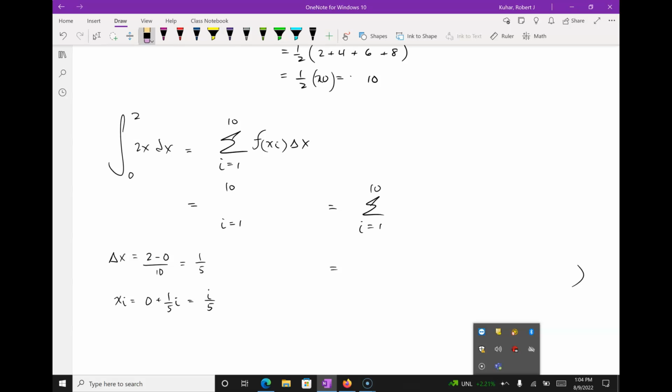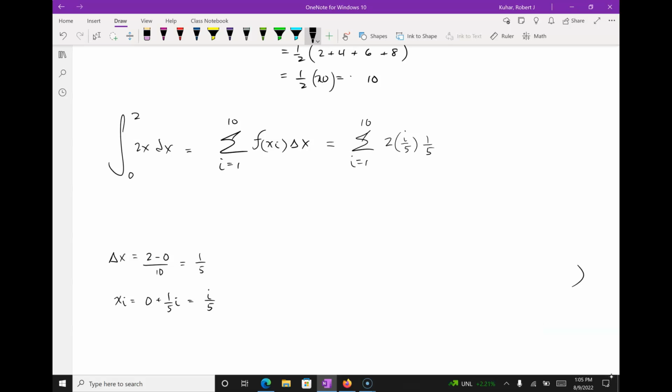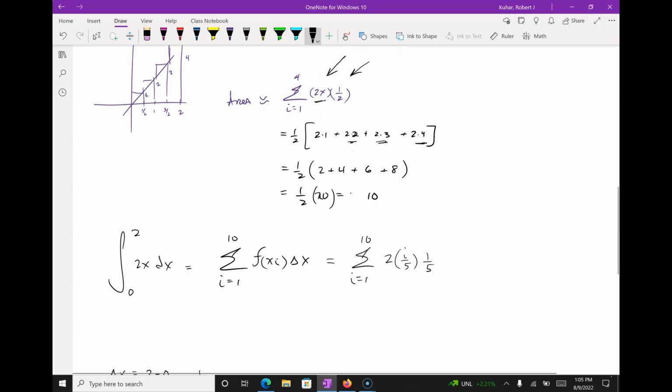So I want the sum from i equal 1 to 10 of 2 times i over 5. Remember, my x sub i's were i over 5, and my delta x is 1 over 5. I made a mistake in the previous one with 4.